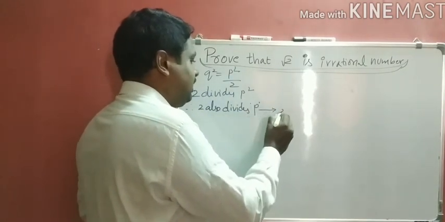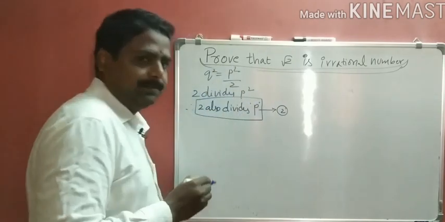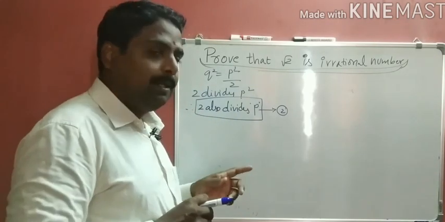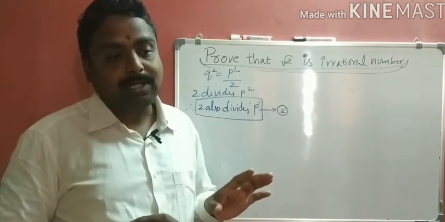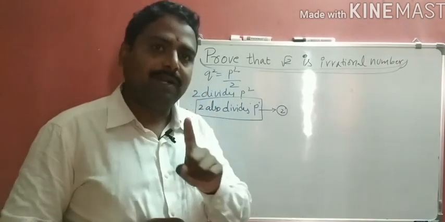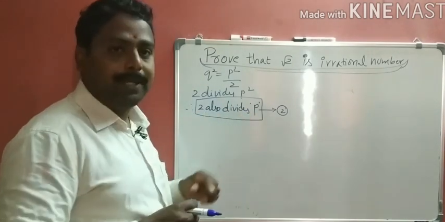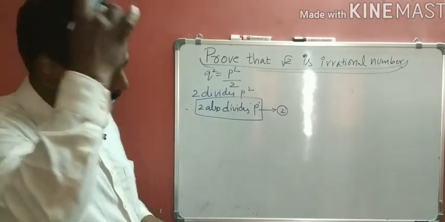Let us take this as equation number 2. Understand? From the assumption, what do we write? p and q are co-primes. p and q are co-primes means for p and q there exists only one common factor, that is only 1. What do we get here? 2 is a factor for p. 2 divides p means 2 is a factor for p.